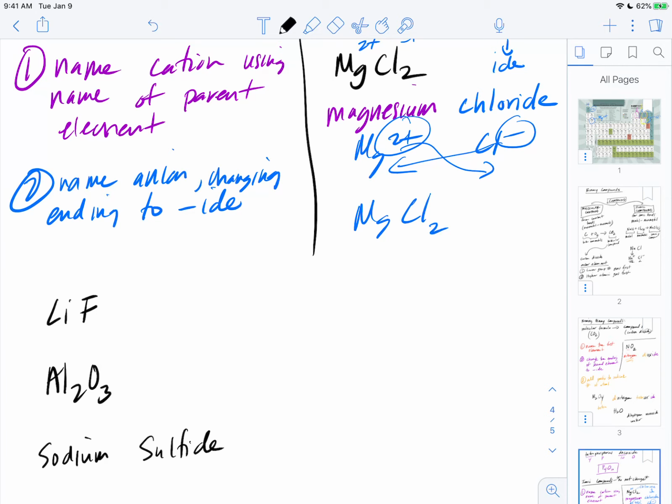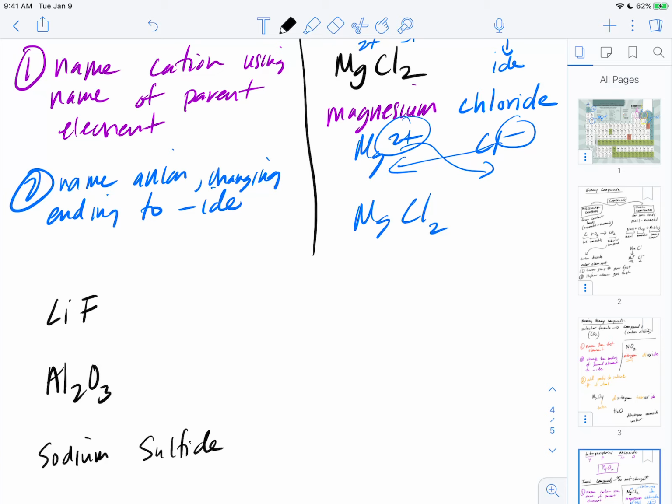So I want you to pause this, and I want you to try to name LiF and aluminum oxide. Oh, sorry, giving it away, as well as sodium sulfide. So go ahead and name those, write them out, and then unpause and see what we do. I hope you paused it.